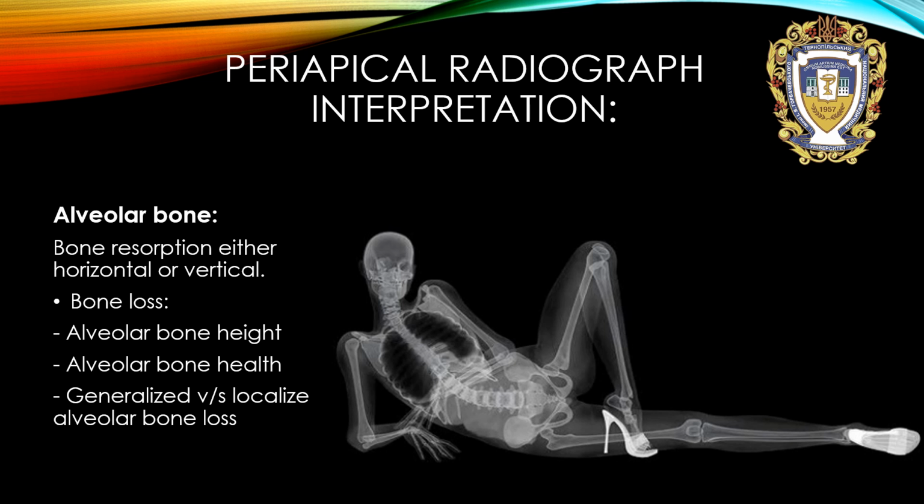Alveolar bone. Bone resorption is either horizontal or vertical. Bone loss can be assessed by alveolar bone height, alveolar bone health, and generalized versus localized alveolar bone loss.